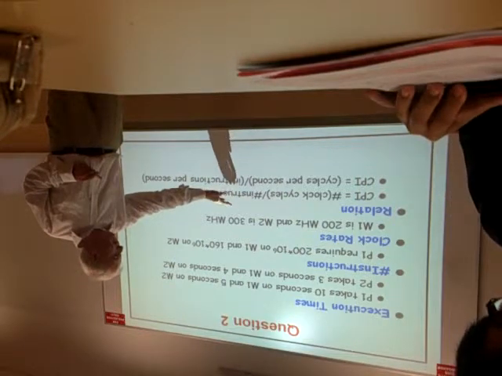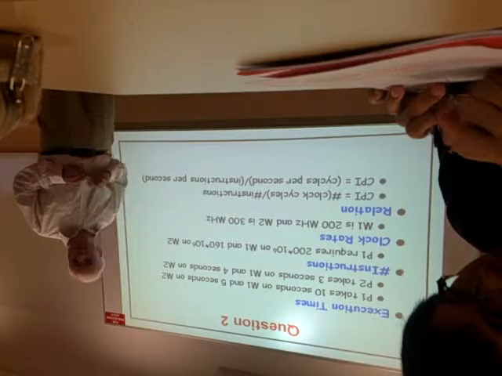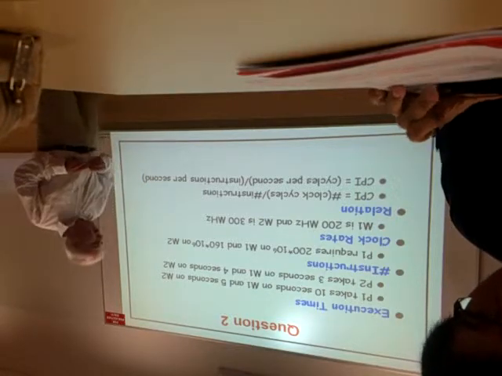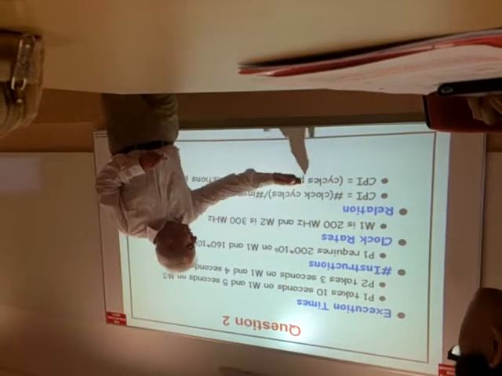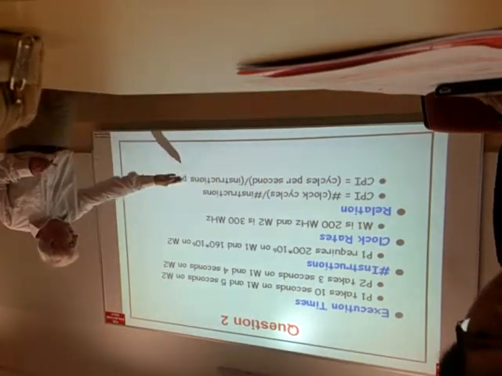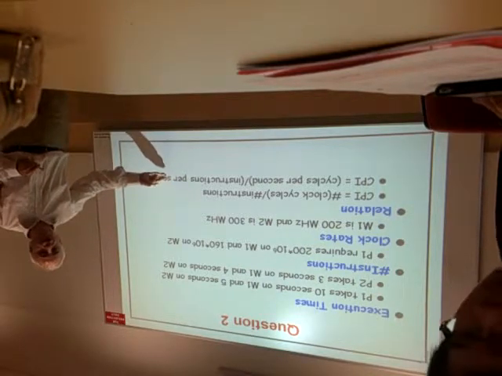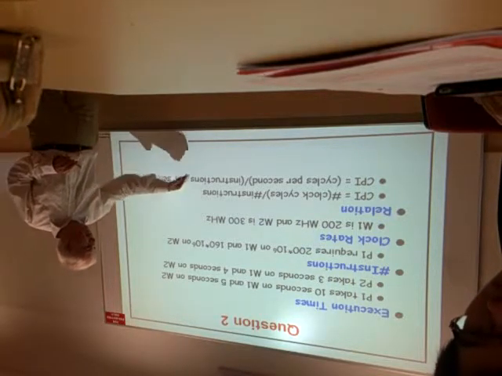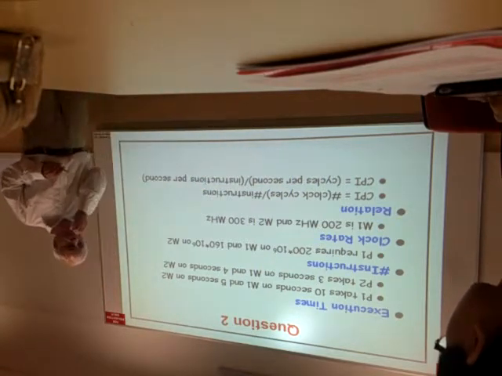Okay, that gives you the average clock cycles per instruction. Or you can calculate it in a slightly different way by taking the cycles per second and dividing by the instructions per second. Both of them will give you the same result. In some cases it's more convenient to use the second way, in some cases it's more convenient to use the first way.